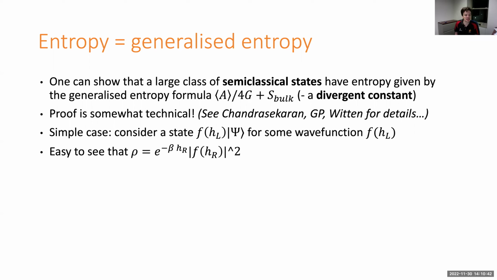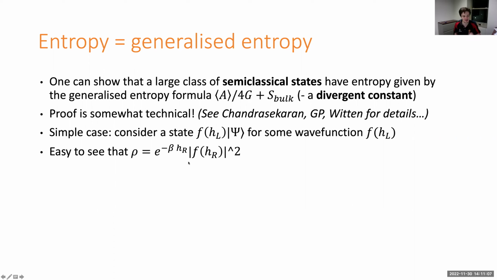It turns out it's pretty easy to see that the density matrix of this state, so the operator rho such that the trace of rho times A is equal to the expectation value of A for any A in the right boundary algebra, is just given by the modulus of this same function f, but now of HR rather than HL, all squared, times e to the minus beta HR.